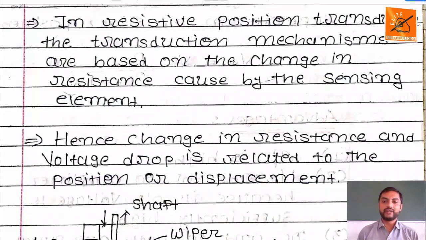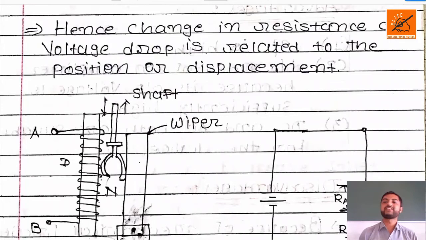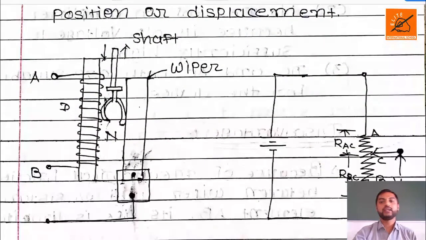I have told you that whenever you are measuring temperature, force or pressure, either the resistivity or the length of that resistive element will change. This change causes the change in resistance. Hence, the change in resistance and voltage drop is related to the position or displacement. Here you can see that there is a figure. This is one solenoid.